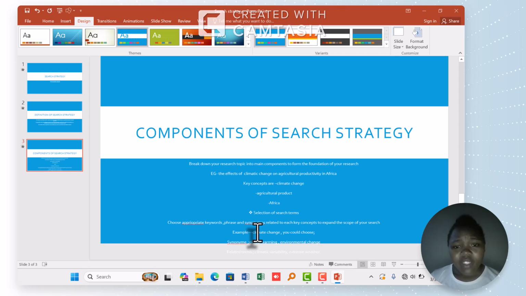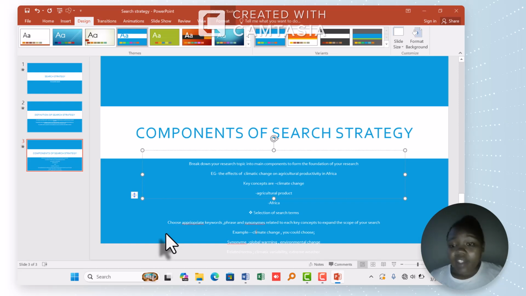We have the next component, which is selection of search terms. If I say selecting the search terms, we are going to choose the appropriate keywords, phrases and synonyms related to each concept to explain the scope of our search. For example, if I say climate change, I could also use the synonym global warming, or I could also use environmental change.